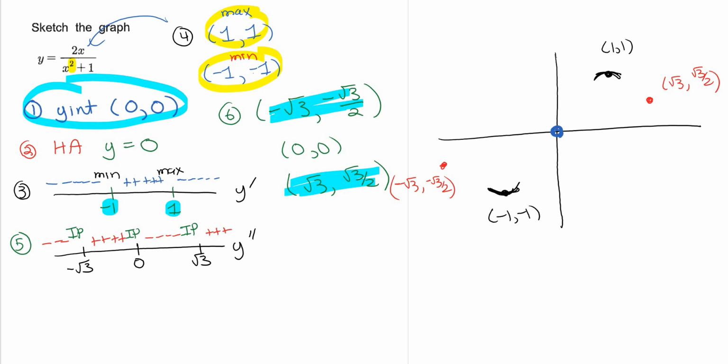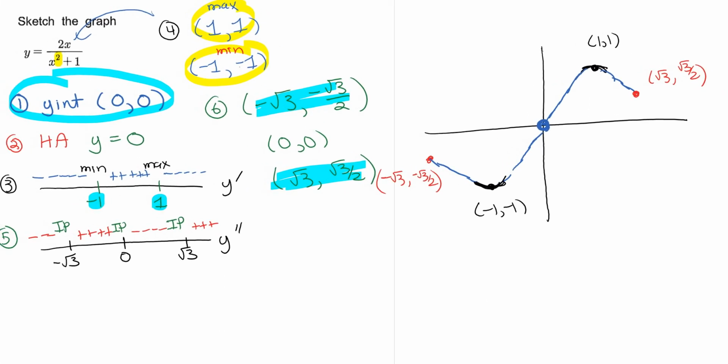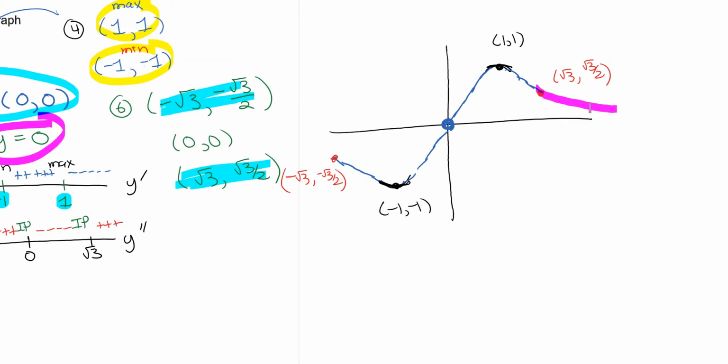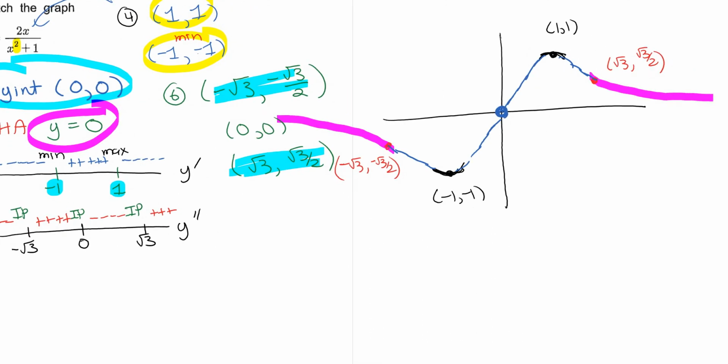And then let's go ahead and connect the dots roughly. So that's going to connect like that and like that. Okay, so that's what we have there, and we know that there's a horizontal asymptote at y equals 0. So what that means is the graph is going to level off like that and like that, and that should finish off the graph for that particular problem.